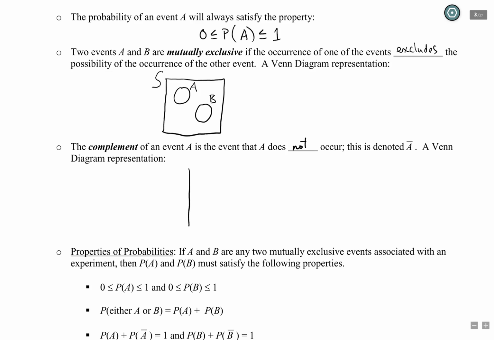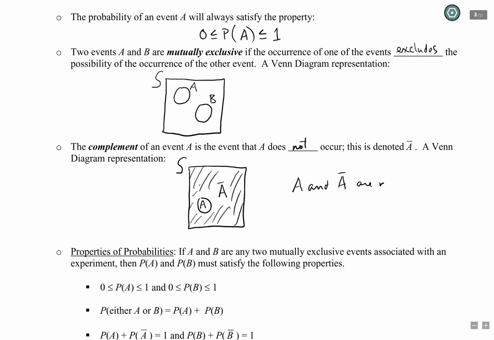And the Venn diagram for the complement of an event is, again, we're going to start off with a sample space S, have some circle A that represents the event within S, and then A complement is everything outside of A but contained within S. Okay, with these two definitions in mind, give it some thought, but A and A complement are mutually exclusive, right?